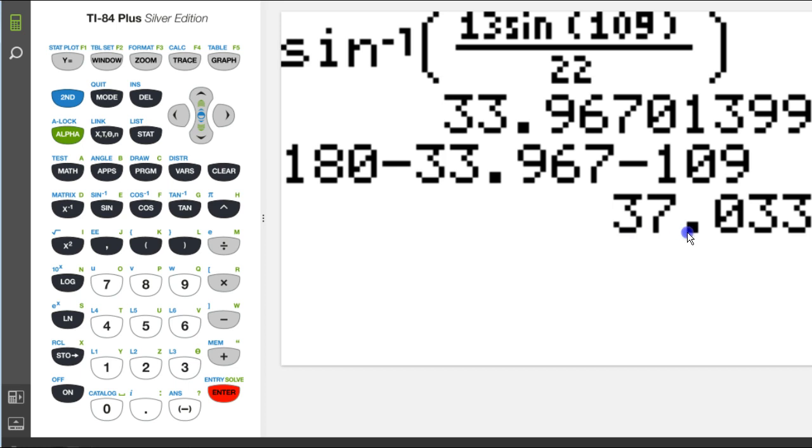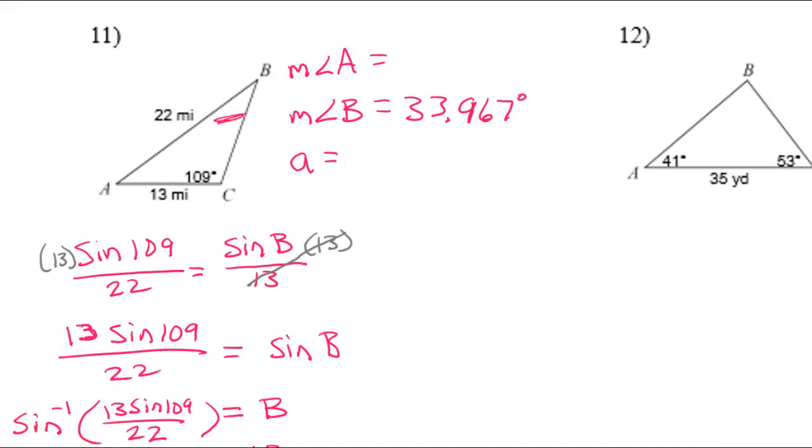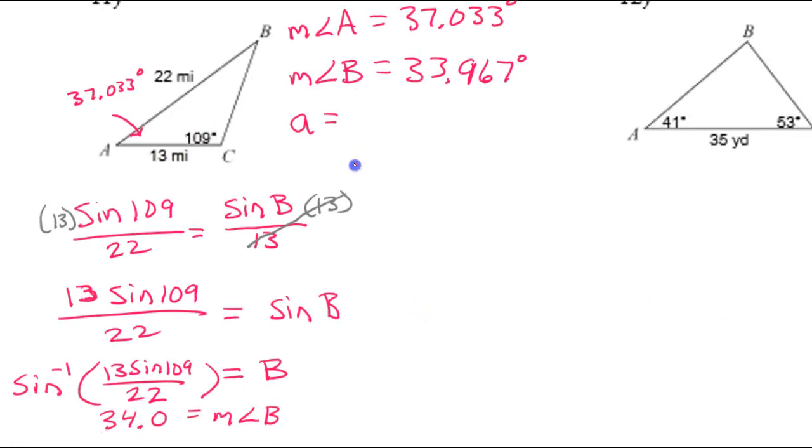So that's giving me 37.033 degrees. All right, so I'm going to keep all of those decimals. So that's going to make me more accurate when I find side A. So now I know that the measure of angle A is 37.033 degrees.